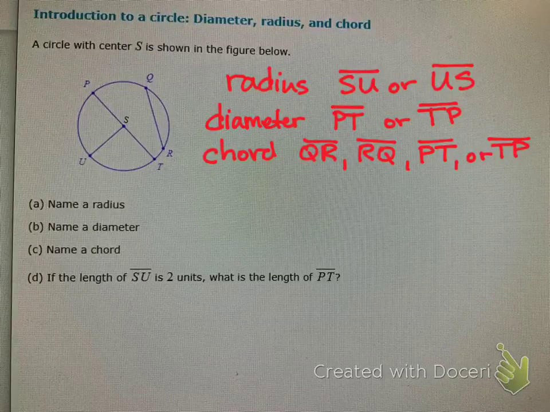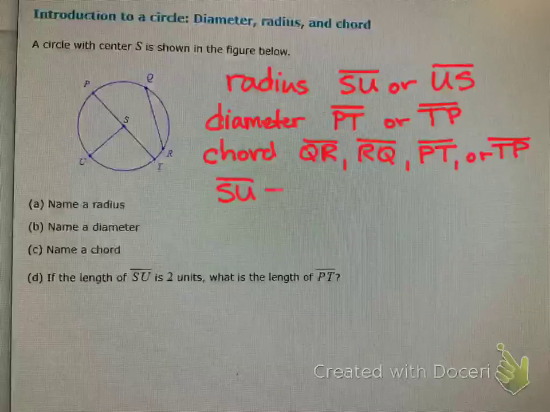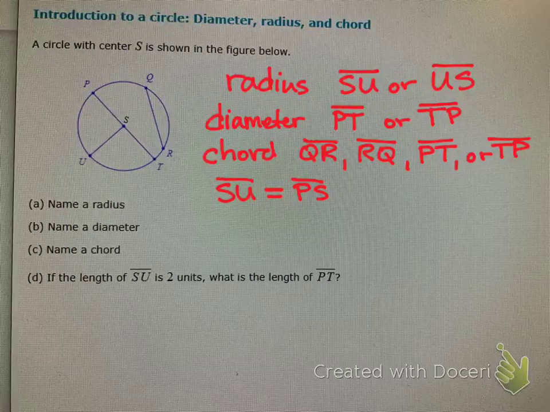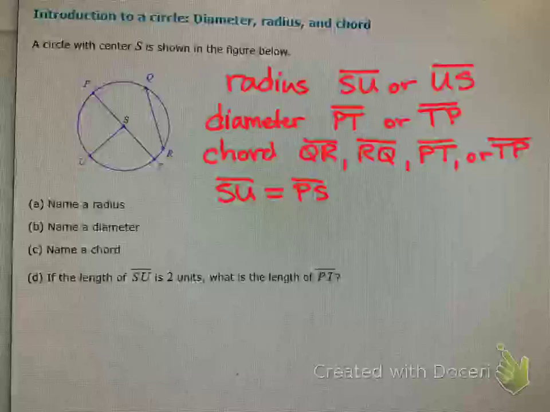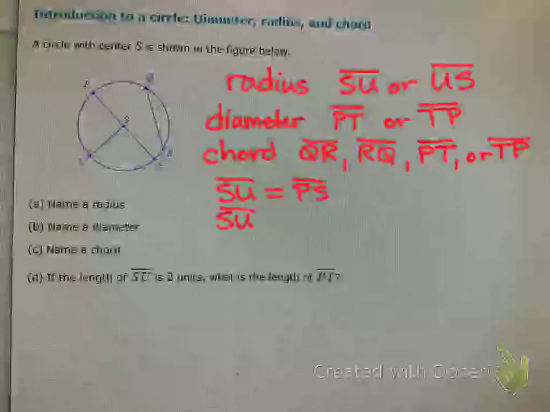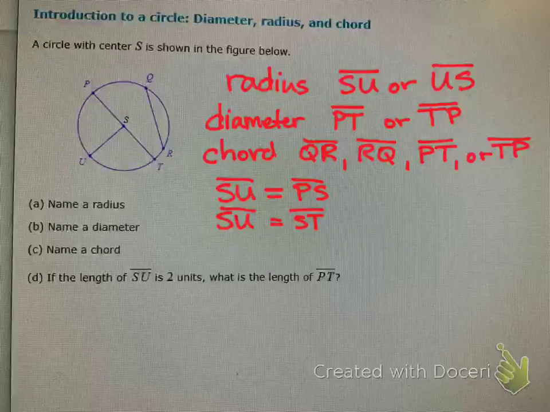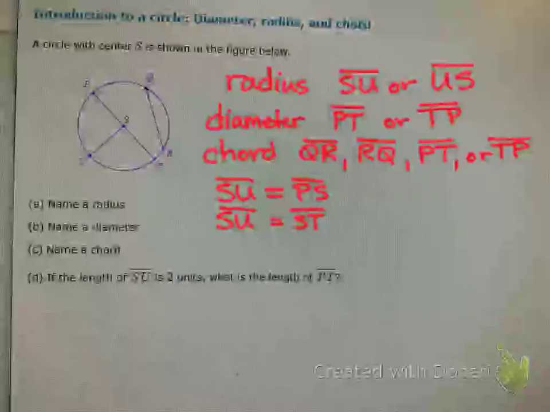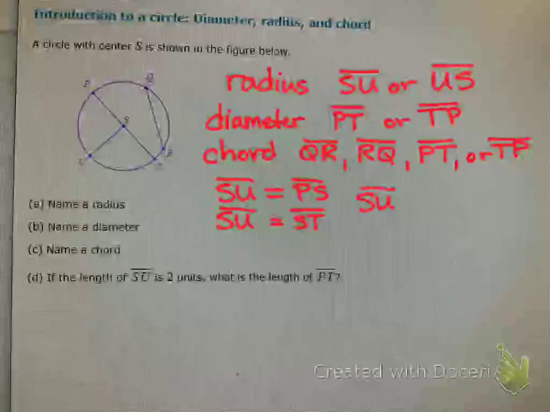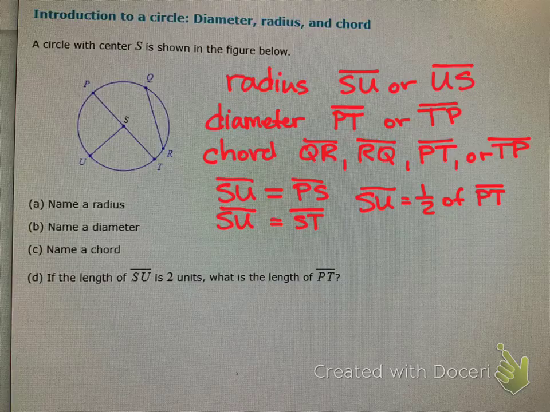And so if we notice, SU is actually equal to PS. That's from the side to the center. And then SU is also equal to ST, which is from the center to the other side. And so SU is like half of PT, which means that SU equals 1/2 of PT.